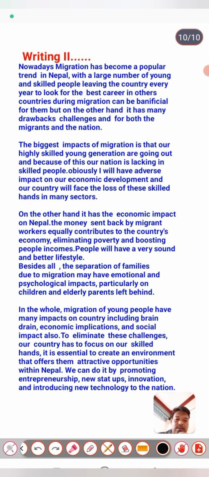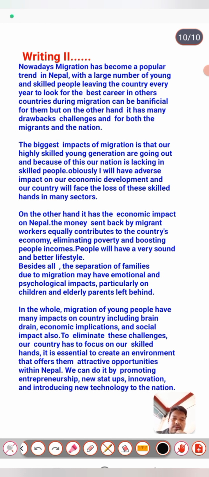So to tackle all these challenges, our country has to focus on skilled hands, and it's essential to create an environment, as I told you already, that offers them attractive opportunities within Nepal, by promoting entrepreneurship, new startups and innovation, and introducing new technology to the nation.